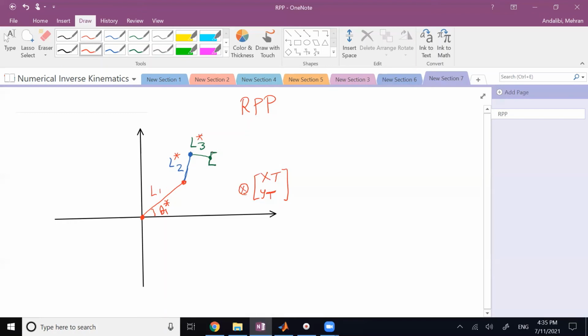So all I can do is shrink this point to bring it closer to joint number 2 or extend it further away. So basically, I can only move along this line. Right? That's the best I can do. And with that, it is going to carry this end effector parallel to whatever it is right now.